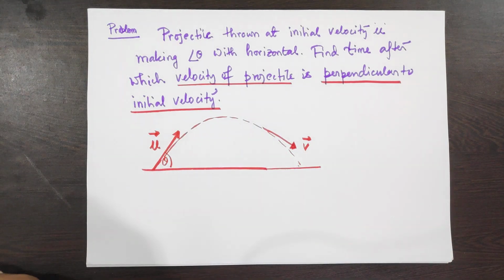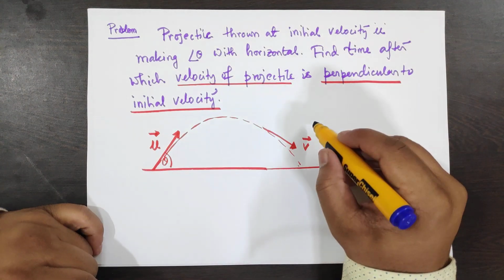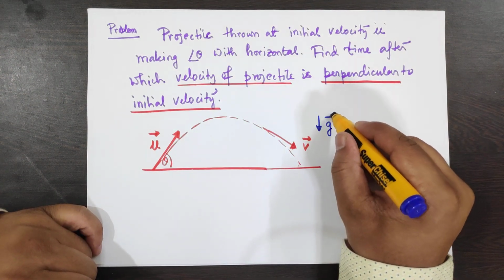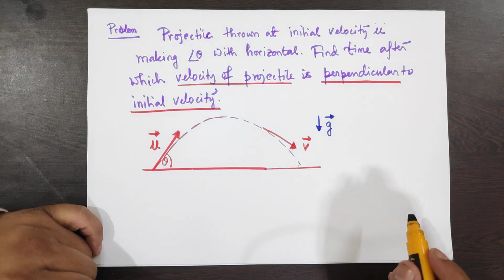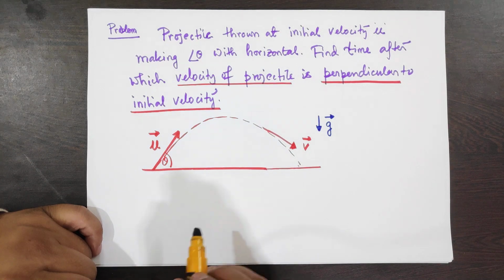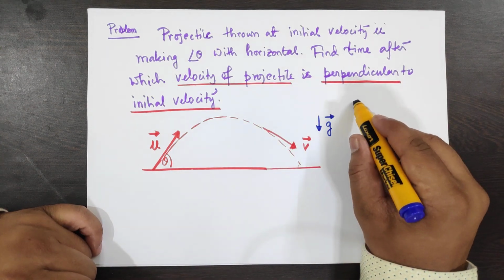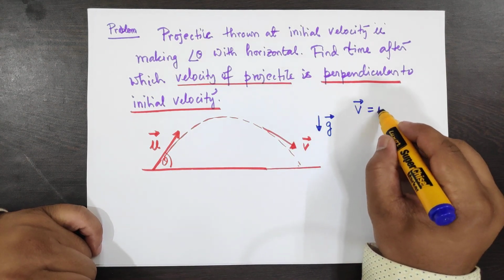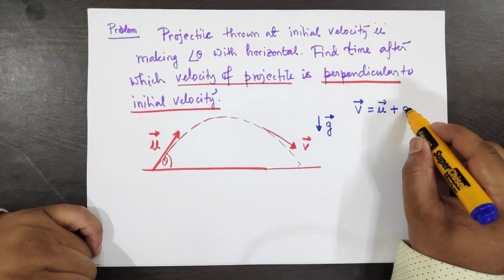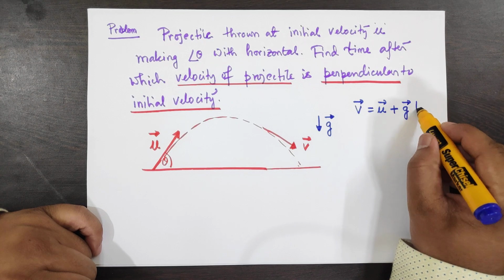See, for this projectile, the acceleration is g vector downwards, and as it is uniform acceleration motion, we can write v is equal to u plus a t, so a will be g vector into t.